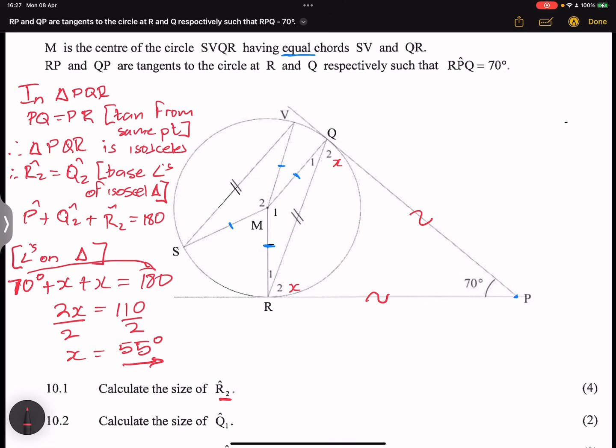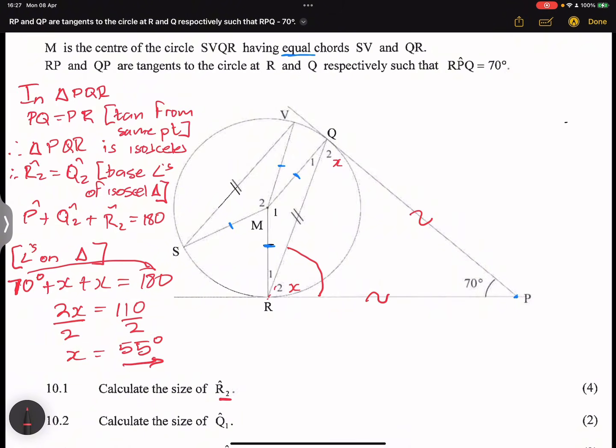All right, let's go to Q1. How are we going to get the value of Q1? Now, ladies and gents, I want you to please note in this case what usually becomes a challenge, or many people tend to make that mistake. They want to say, oh well, I suppose we could use the tan chord theorem.